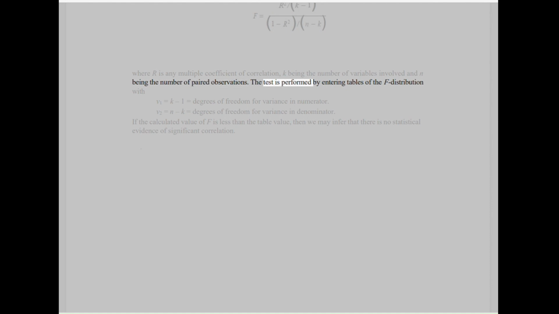The test is performed by entering tables of the F distribution with V1 equal to k-1, the degrees of freedom for variance in the numerator, and V2 equal to n-k, the degrees of freedom for variance in the denominator. If the calculated value of F is less than the table value, then we may infer that there is no statistical evidence of significant correlation.